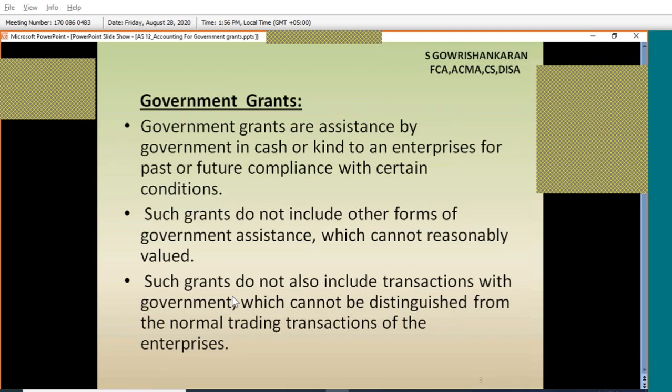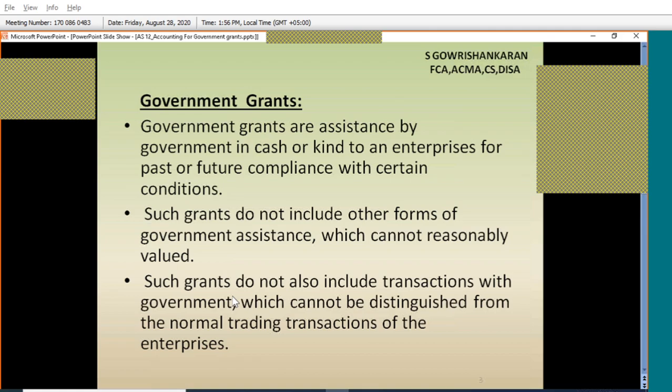Say for example, government has a steel company. Government also has an oil company, ONGC. You take ONGC. That is also a government company, correct?